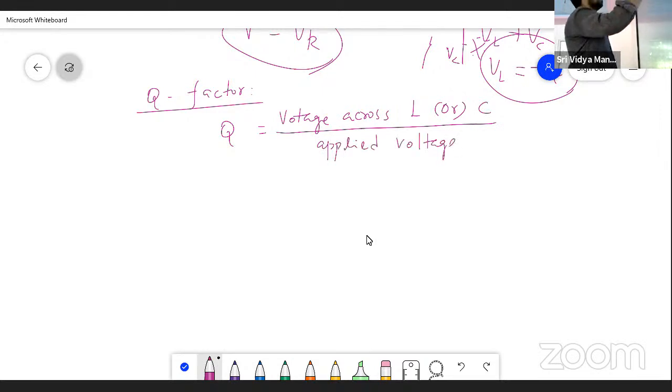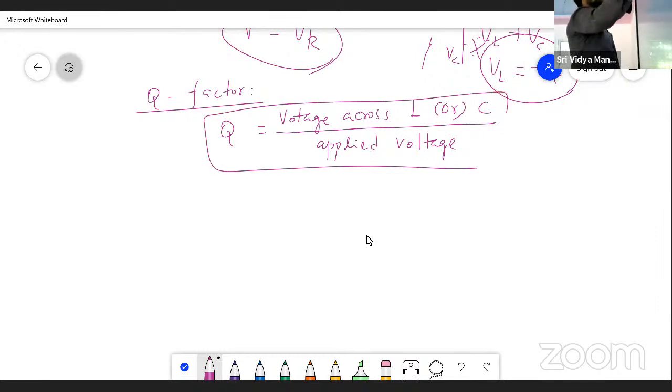It is the ratio between voltage across L or C and applied voltage.